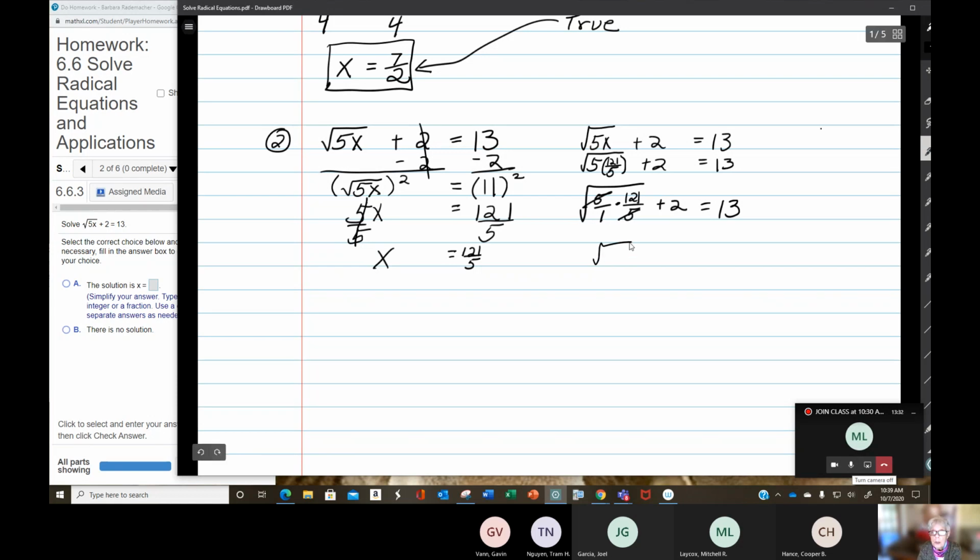So I'll have the square root of 121 plus 2 equals 13. The square root of 121 is 11, the principal square root. So 11 plus 2 equals 13. Yes, it does.